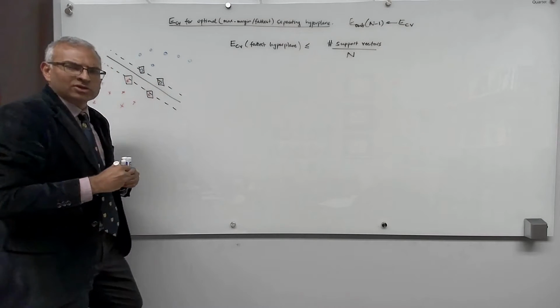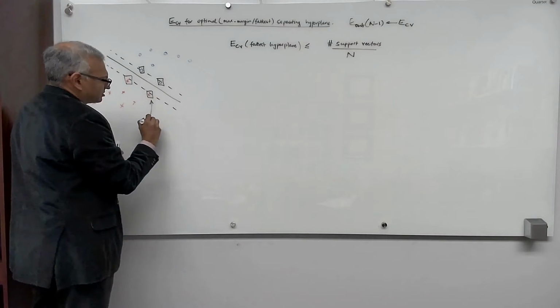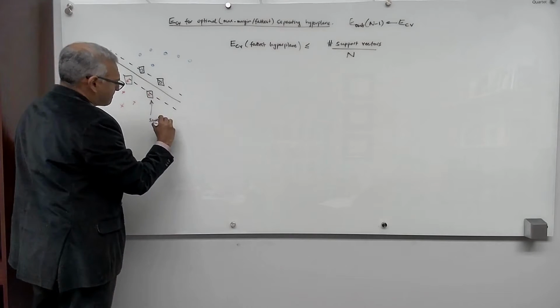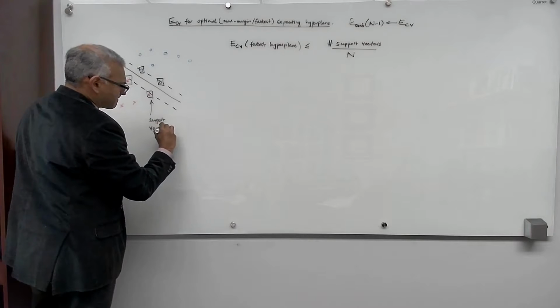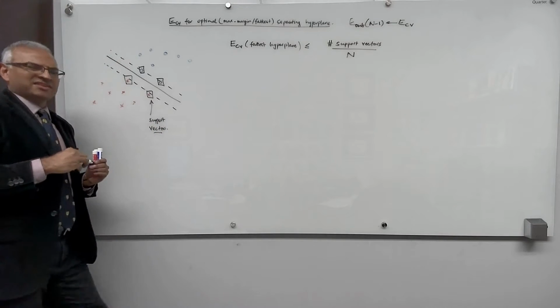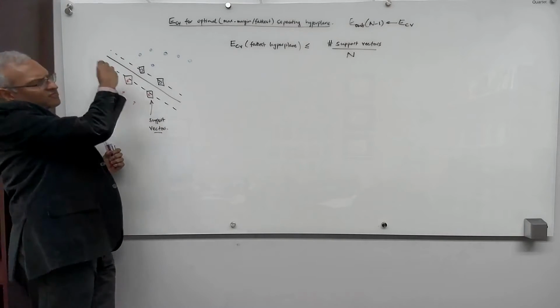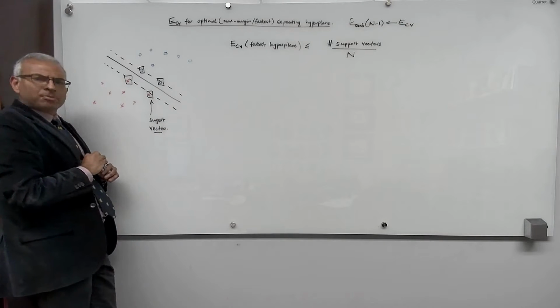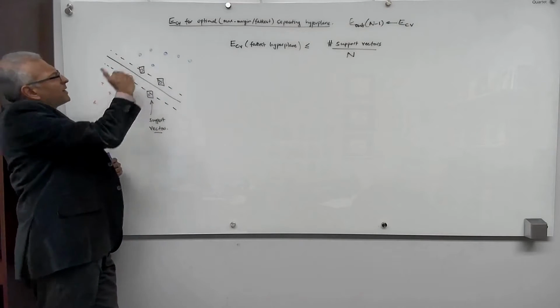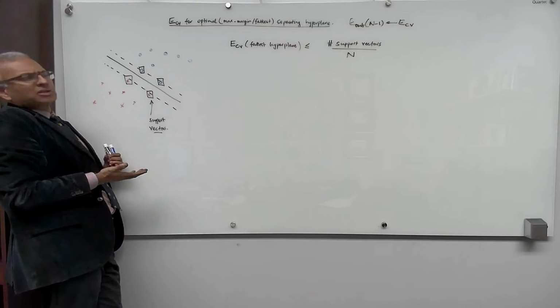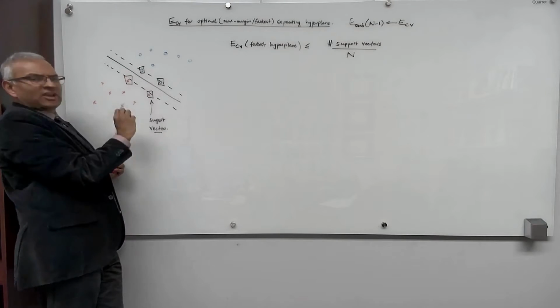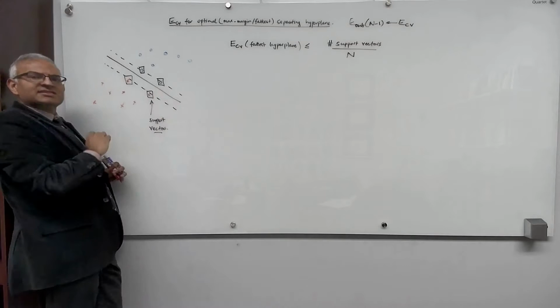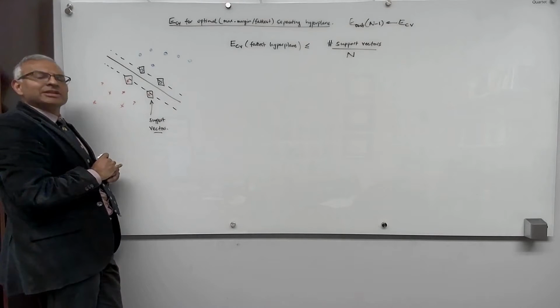Those are what we call the support vectors. They are the important data points highlighted by this fattest separating hyperplane. But more importantly, if you throw away all the other data, all you need to keep are these support vectors, and you will reproduce exactly the same optimal fattest separating hyperplane.